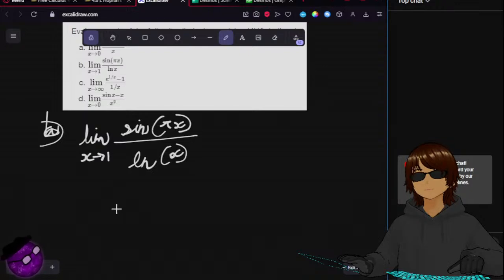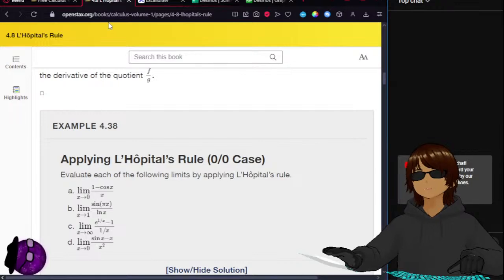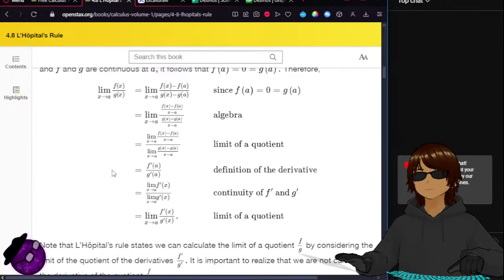Then, but the derivative has to be with respect to x, right?